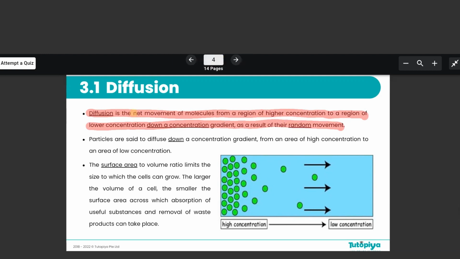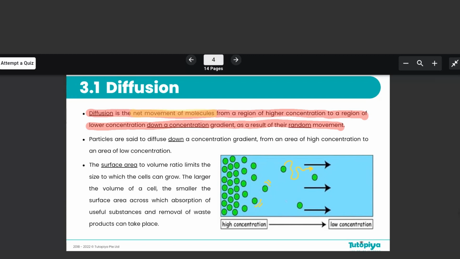Diffusion is the net movement of molecules. Now, these molecules don't have a clear pathway. Basically, these molecules just have a random pathway and a random movement that they show, right? Even though they are all moving randomly, so every particle is moving, right?